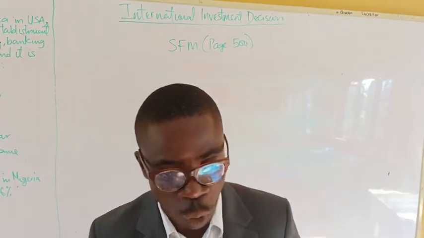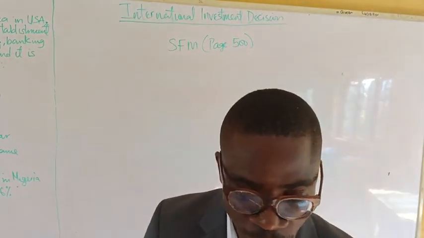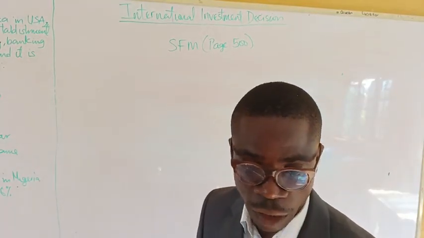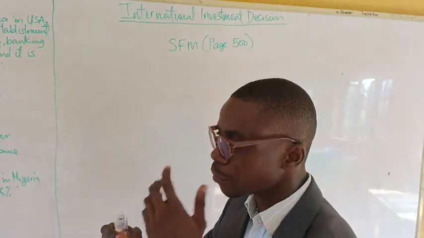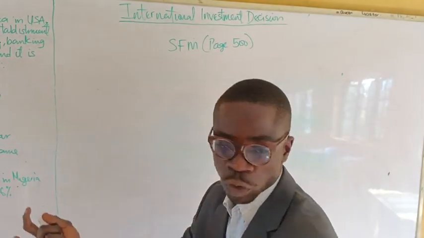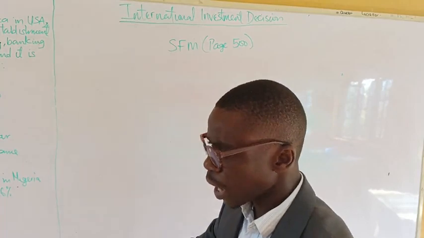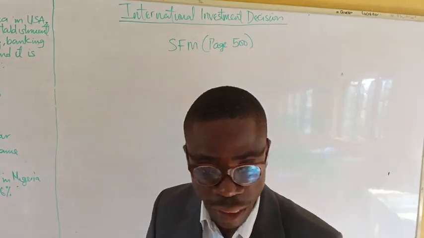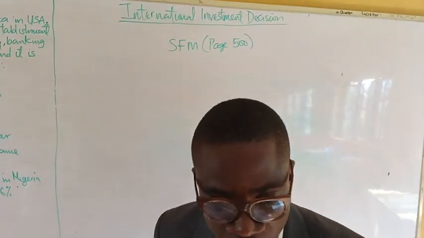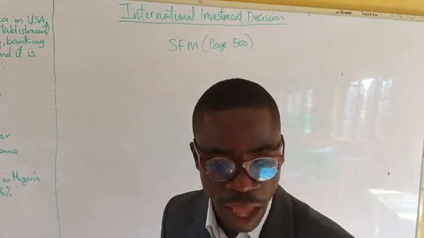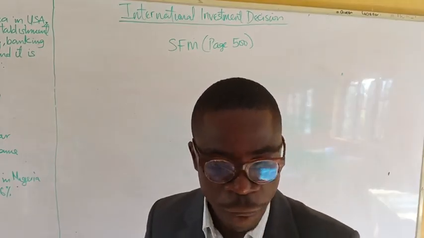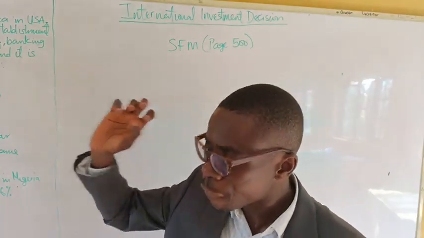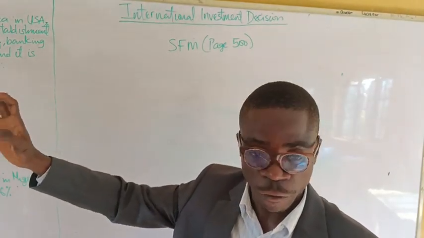They said the project will require an initial investment of 100,000 cedis. That means the initial outlay, which is the cash outflow, is 100,000 cedis. They said it leads to cash inflow of 50,000 per annum for the next 3 years. So for 3 years, they will be getting 50,000 cedis for that investment.